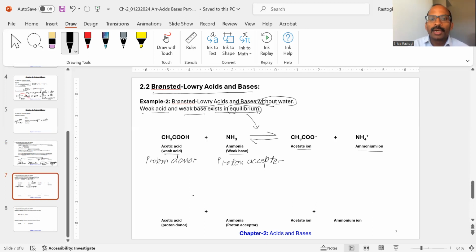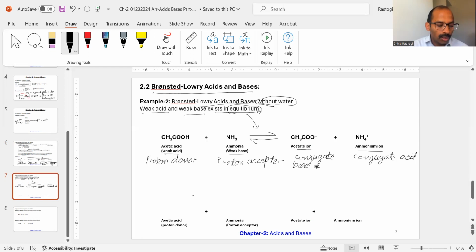And this acetate ion is called the conjugate base of acetic acid, this one. And this is called the conjugate acid of ammonia. So let's see how this proton transfer is happening here.